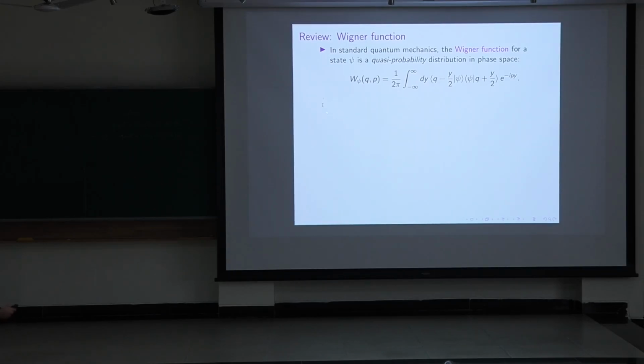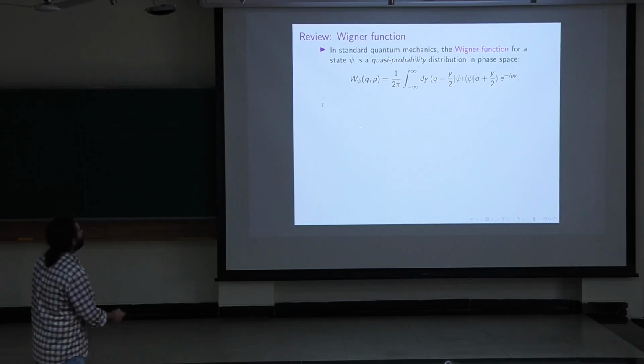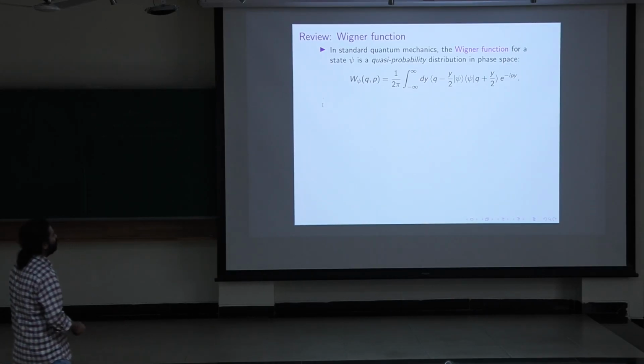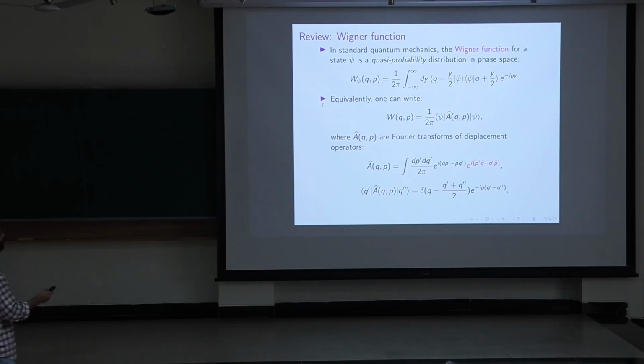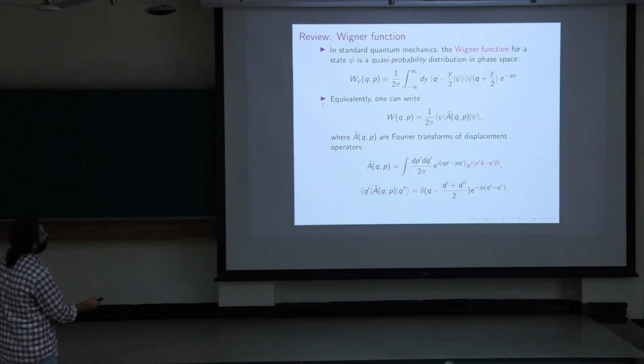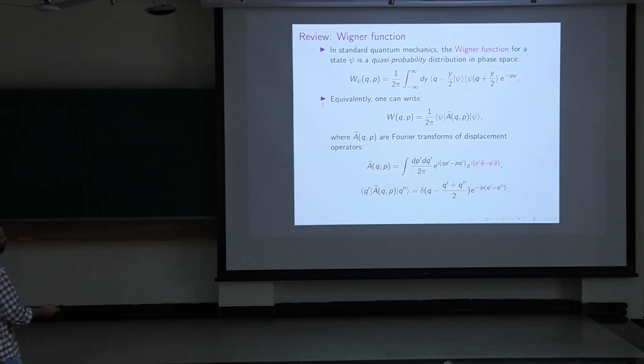This is the standard formula that you have probably seen. Given a state psi, one attempts to write down something like a phase space distribution, something that depends on q and p, corresponding to that quantum state. Here's another way of rewriting the same formula as the one-point function of some operator. This operator A hat is sometimes called a phase point operator. It's basically the Fourier transform of what we usually call a displacement operator, this thing in blue here.